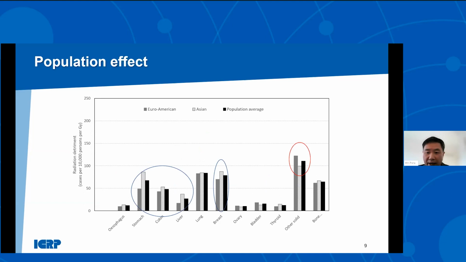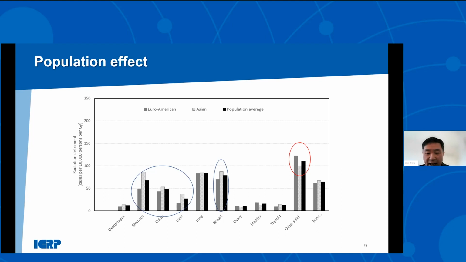The detriment was averaged over two composite populations in ICRP publication 103. These slides show the detriment for Euro-American and Asian populations separately, along with the averaged value. For stomach, colon, liver, and breast cancer, indicated by blue elliptic circles, detriment for the Asian population appeared to be higher than that of the Euro-American population.